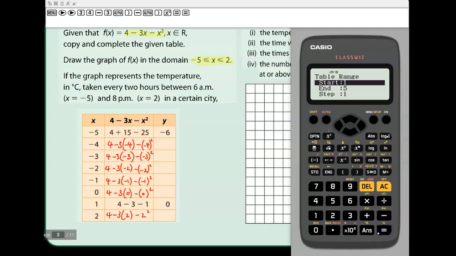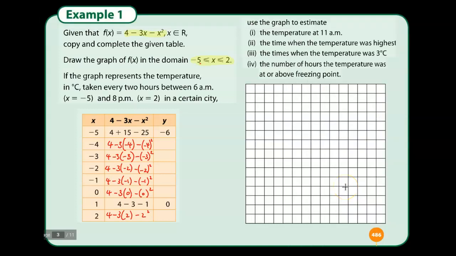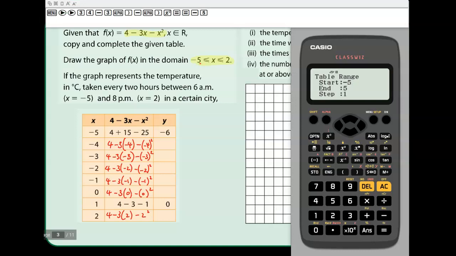The next step will ask you for the start and end values, and also the step, whether it be done as a table here or whether it just asks you one point at a time. So here we're going to type in minus 5 as my start value, because that's the start value that we see here. For the next value, we've got the end value of 2.